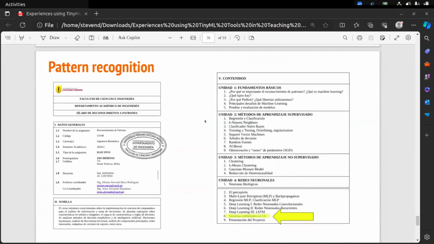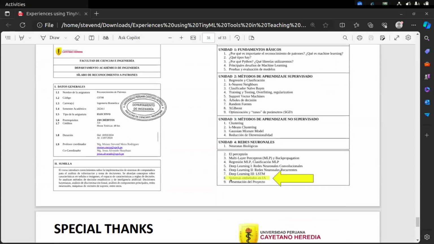This is good news for us because in our syllabus, in the pattern recognition course, we include embedded systems and AI, and we are now able to teach tiny machine learning formally in this course. So it's a big step, but little by little we are including these topics in the syllabus.